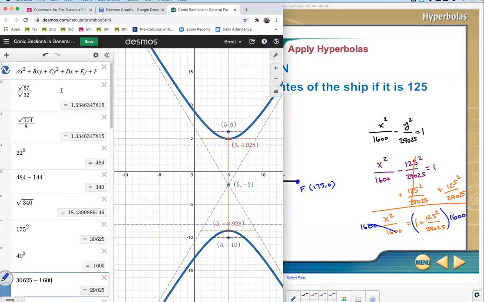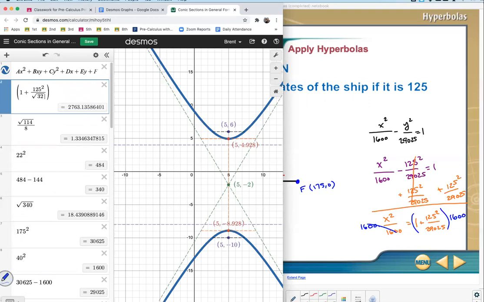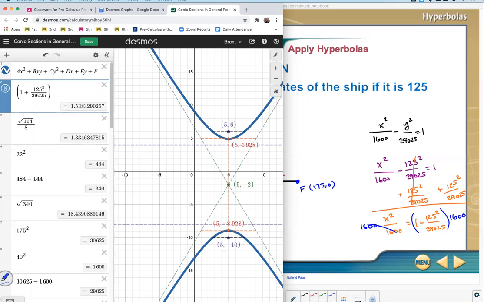The value is going to be 1 plus 125 squared over 29025, times 1600. Now that's what x squared equals.